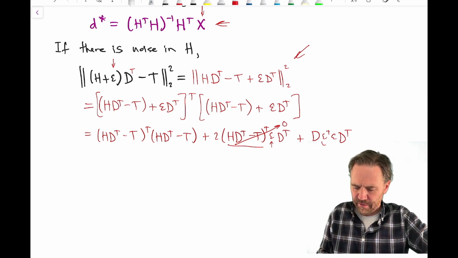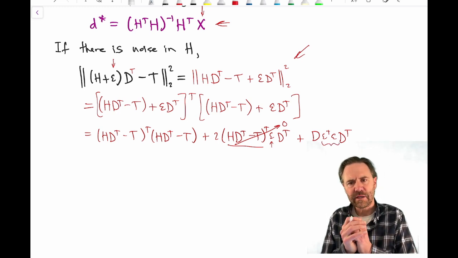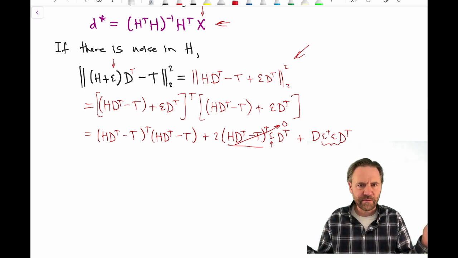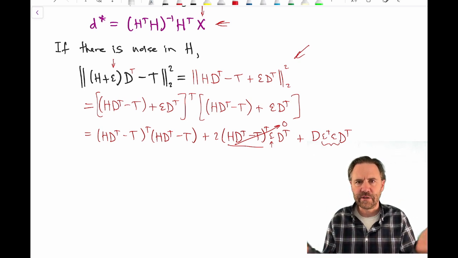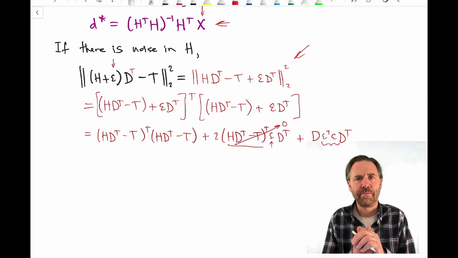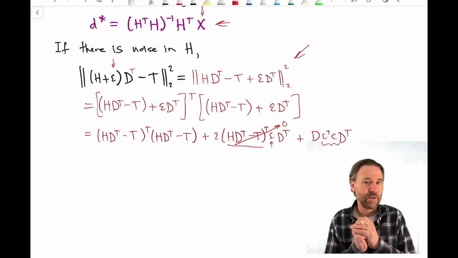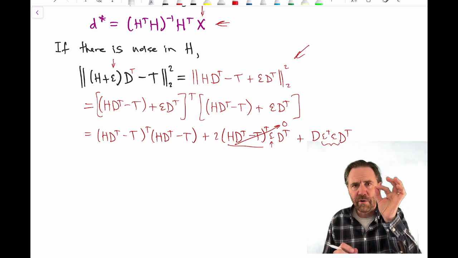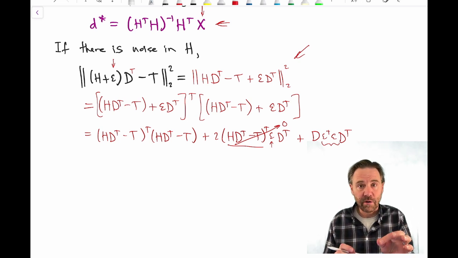This last term here, epsilon transpose times epsilon. This is basically a vector of Gaussian noise times a vector of Gaussian noise. In general, that gives you a 0 again, because these are independently drawn samples, so their correlation should be 0. Except when it's one column of epsilon times the same column, those are perfectly correlated.